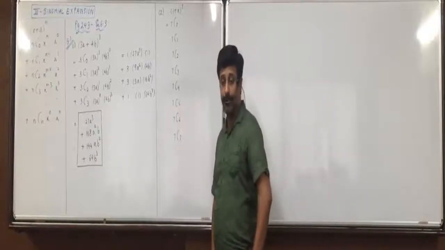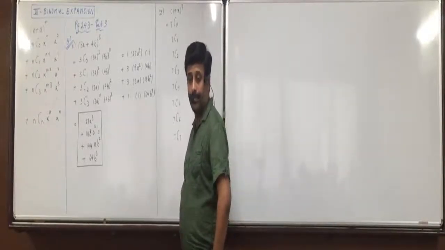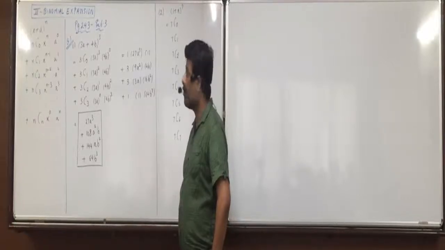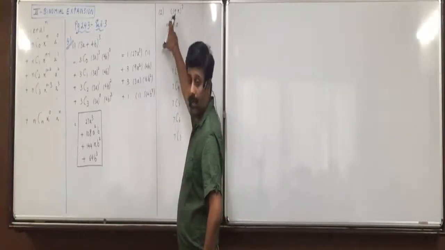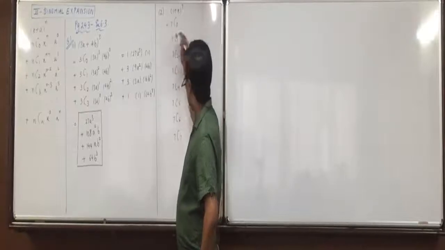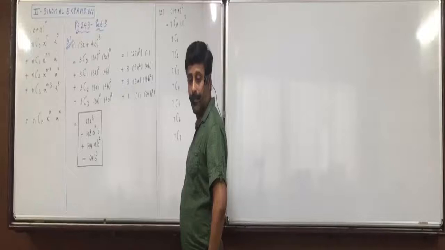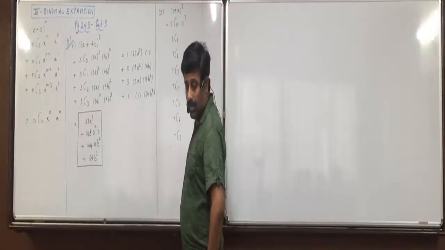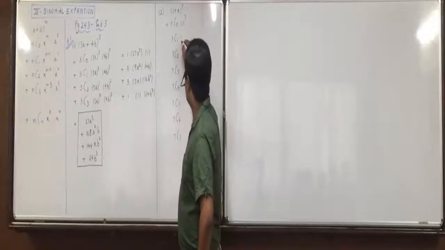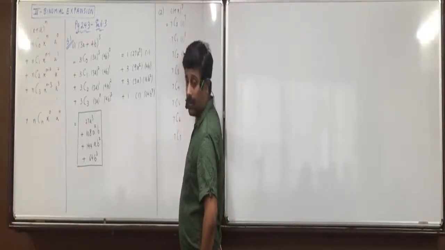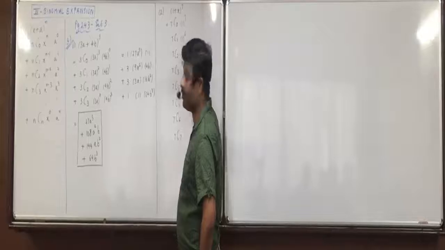But first variable, 1 raised to 7, only 1. There is no 8. 1 raised to 7, then 1 raised to 6, 1 raised to 5, up till 1 raised to 0.